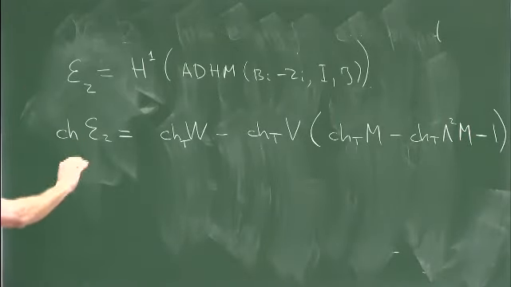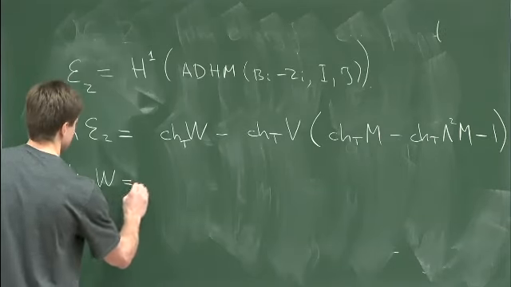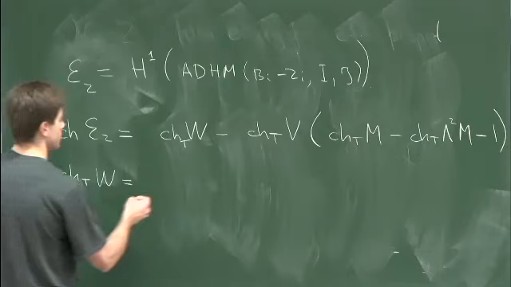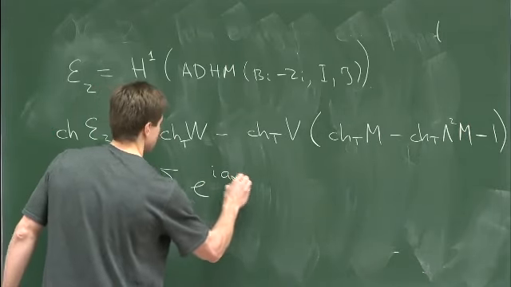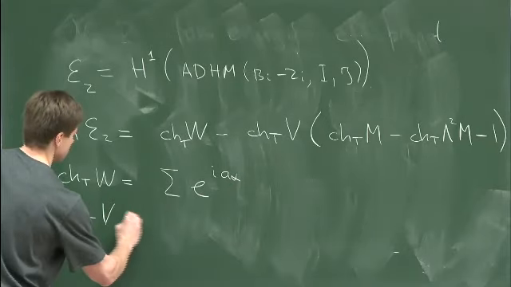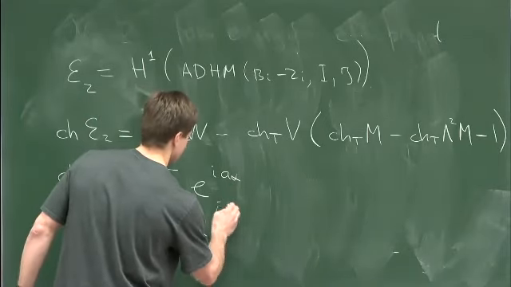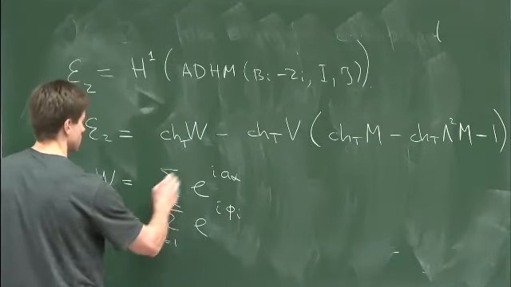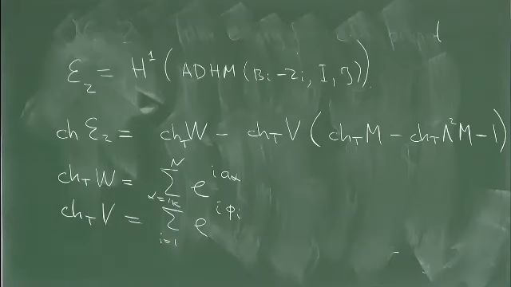Now, what are the ingredients here? Well, the Chern character of the space W associated to the fundamental representation of the gauge group is just the sum over exponentials of i a_alpha. Ch_t of V is the sum over exponentials of i phi_I, where I runs from 1 to k, the charge, and alpha runs from 1 to n, the rank plus 1 of the gauge group.